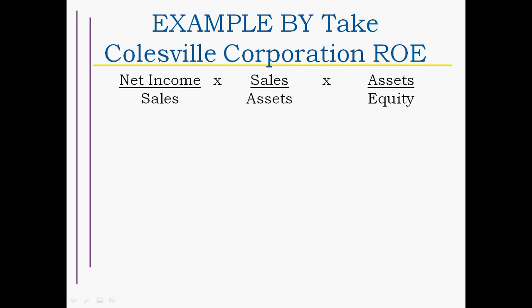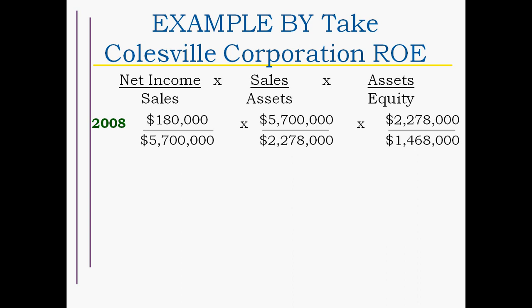Now we have taken the example of the Colesville Corporation, in which net income is divided by sales. Now you can see in 2008, 1,80,000 divided by sales, sales divided by assets, then assets divided by equity.